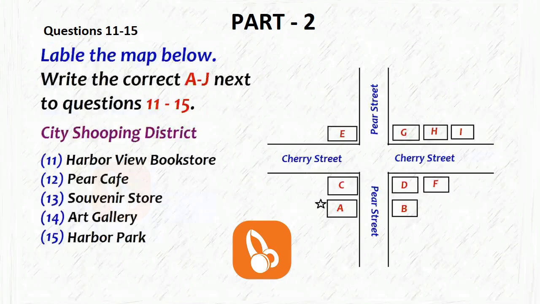Stop in here to get maps and books about the local area, as well as t-shirts and postcards with pictures of the city. Now, we cross Cherry Street and we're at the Art Gallery, one building down from the corner. Here you can see, and of course purchase, many fine paintings and sculptures by local artists.